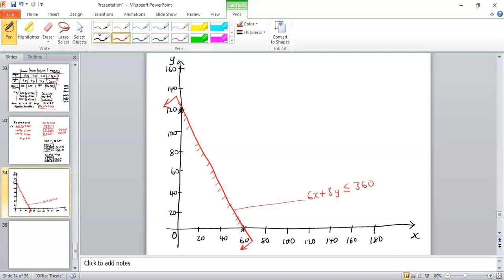And then the next one, what are the coordinates? 0,40 and then 140,0. Then you connect the points there.